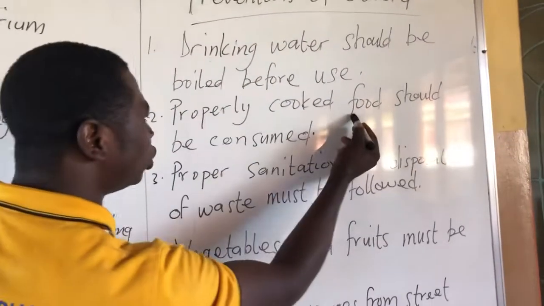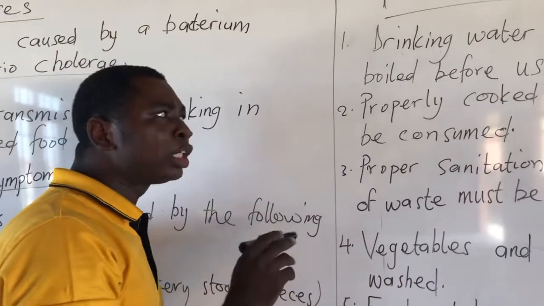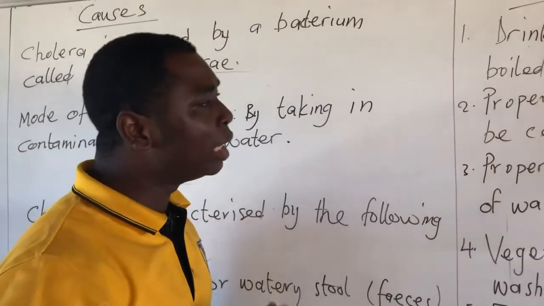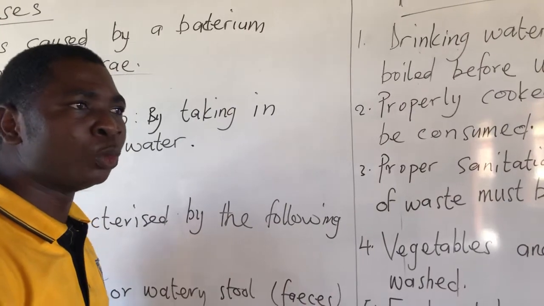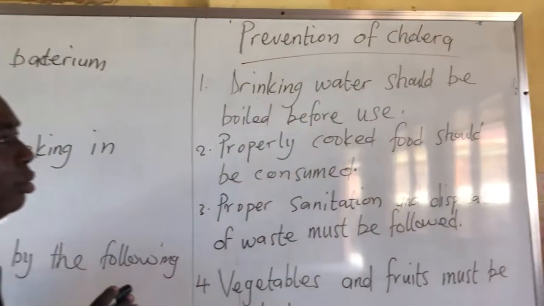Properly cooked food should be consumed. We should make sure that our food is being prepared at home and we eat it when it's warm. So make sure that your food is properly cooked before you eat.